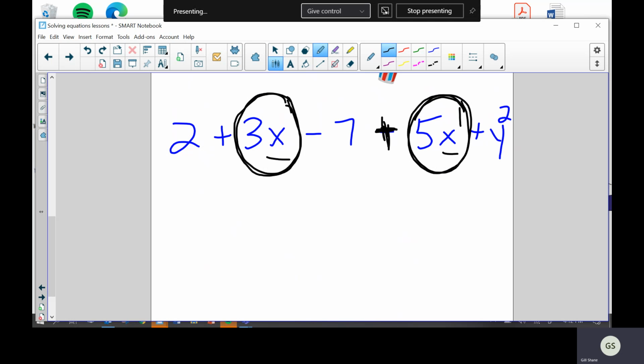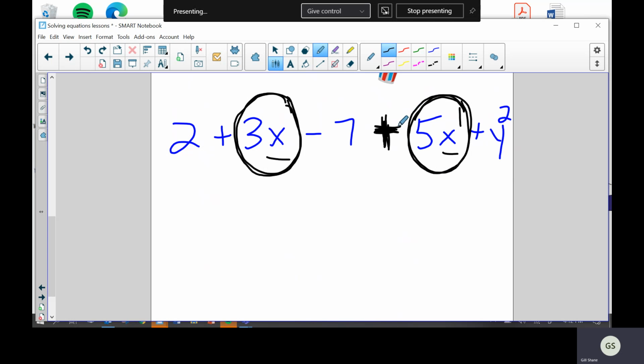So let's make that addition just for this, because that's what I did in class. So if I have, just picture in your head, 3 bags of Tootsie Rolls. We don't know how many in each bag, but we know there's 3 bags and they all have the same amount. Then I'm adding over here 5 more bags of Tootsie Rolls.